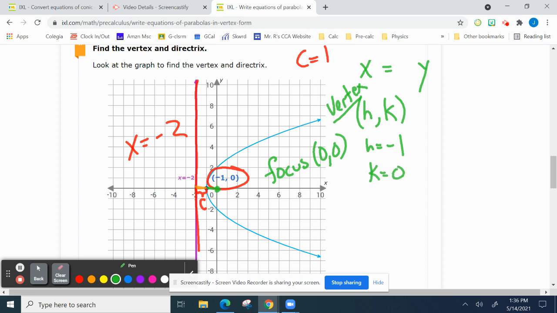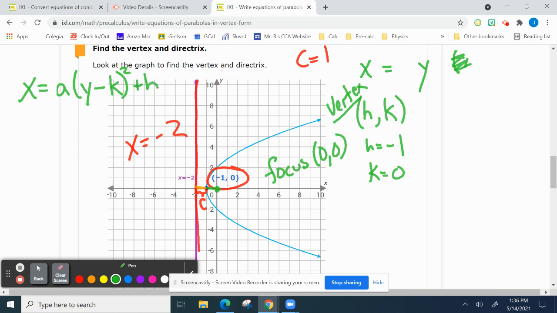So the formula we're looking for is over here. It's x equals a times y minus k, right? Because we got to use the k term for the y, squared plus h.